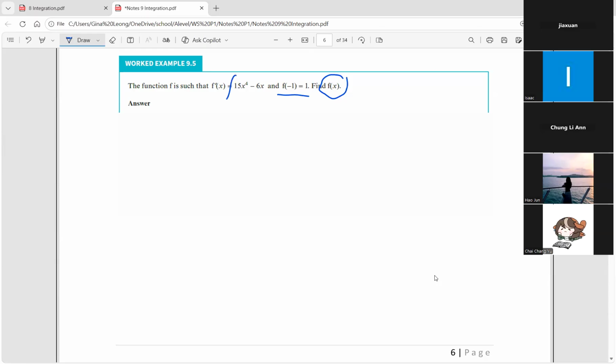For this one, no need to simplify, so straight away I put f(x) equals 15 over 5, because 4 plus 1 is 5, minus 6x squared over 2 plus c. Simplify first, I get 3x^5 minus 3x squared plus c.